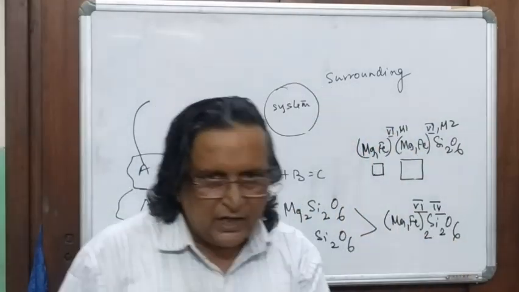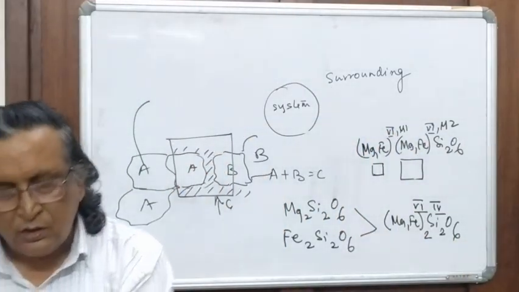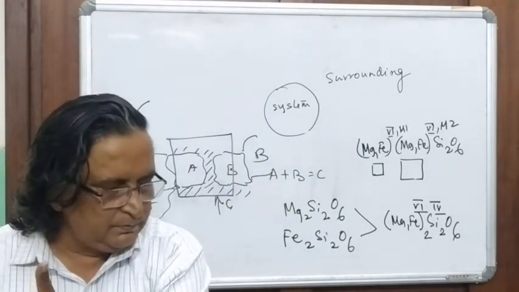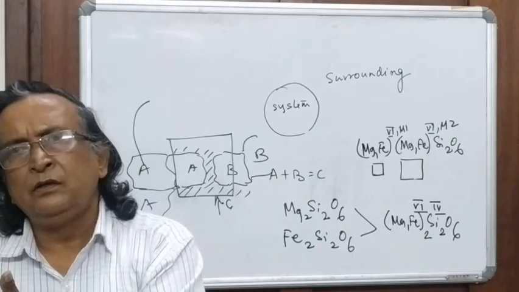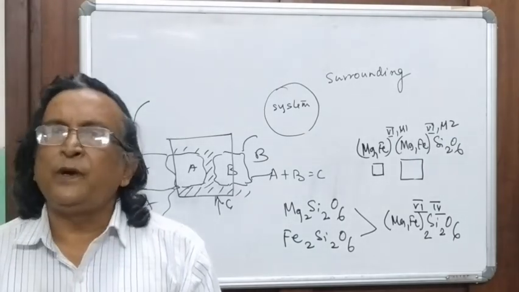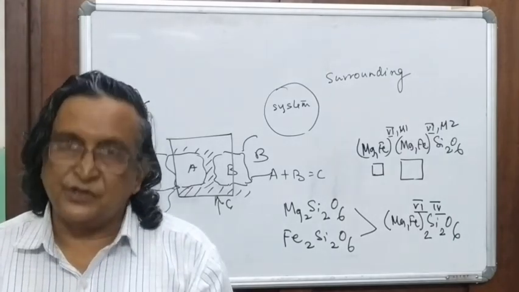So when you're talking about metamorphism of a rock, the first thing that should come out, what is my problem? What am I looking at? What do I want to find out? Those are the questions that you first ask yourself.